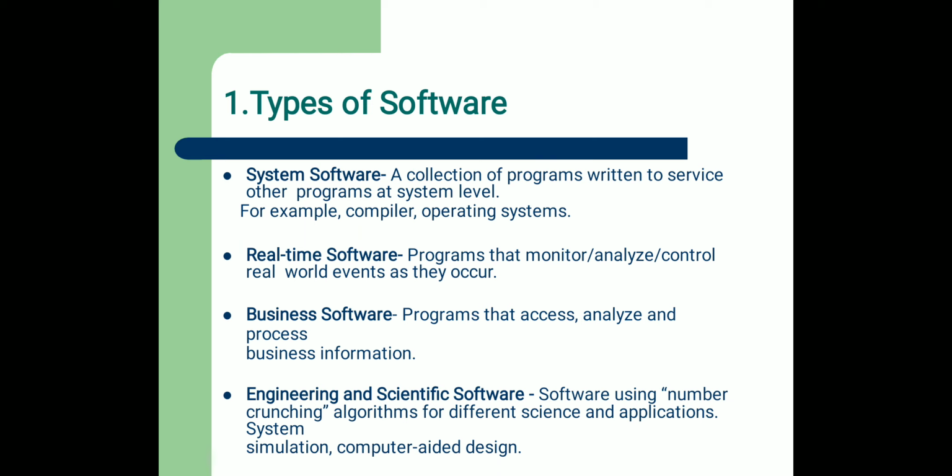System software is characterized by heavy interaction with computer hardware, heavy usage by multiple users, concurrent operations that require scheduling, resource sharing, and sophisticated process management, complex data structures, and multiple external interfaces, like an operating system. These all come under system software.